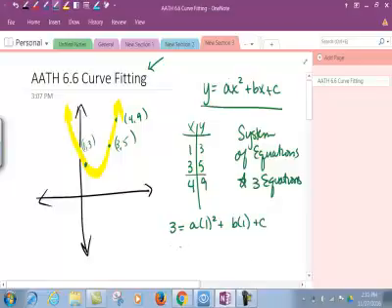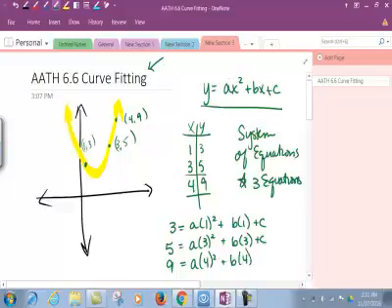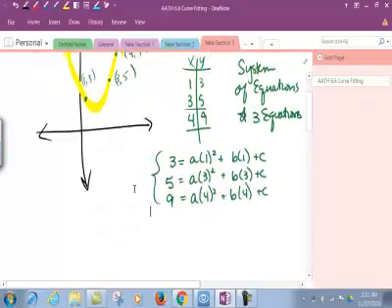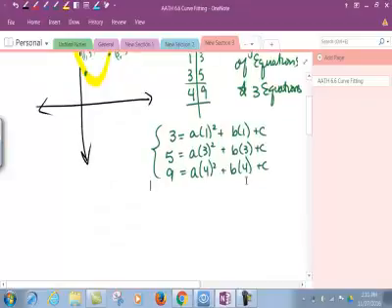The next one, (3, 5), will be 5 equals a times 3 squared plus b times 3 plus c. And then the last one, (4, 9), is 9 equals a times 4 squared plus b times 4 plus c. All right, so a system of equations involving 3 equations to solve for 3 variables.